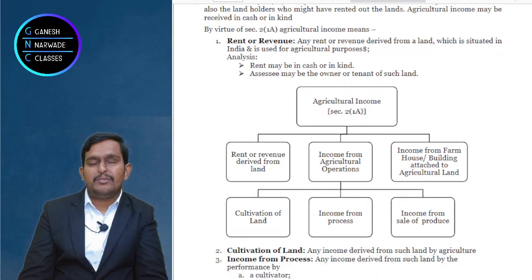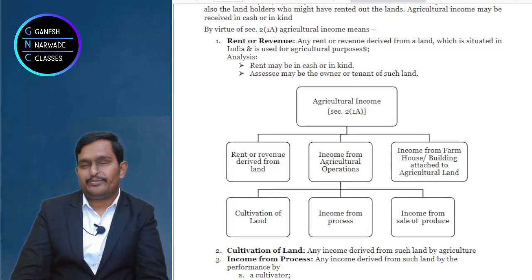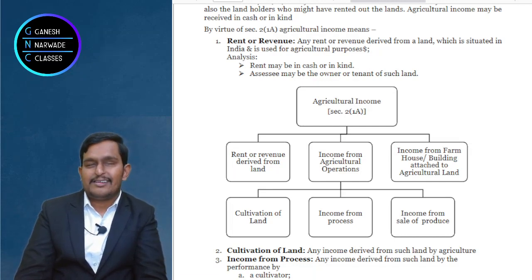Now you may ask me a question, sir, do state governments levy tax on agriculture? The answer is absolutely no. Why do state governments not levy tax? They have the power, right? They have the power to levy tax on agricultural income, but maybe because of political reasons, maybe because of the reason that if agricultural activity is taxed, then the prices of goods indirectly may increase, right?